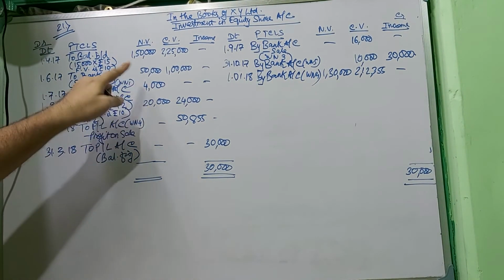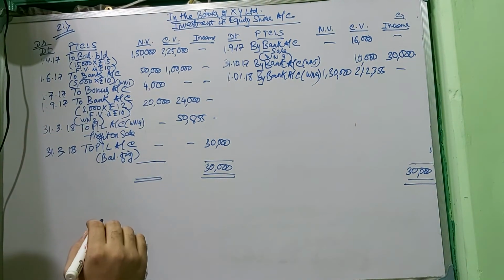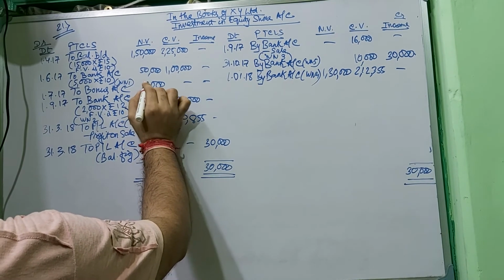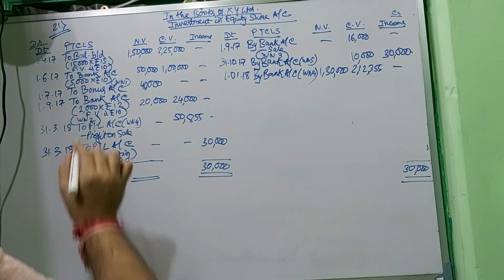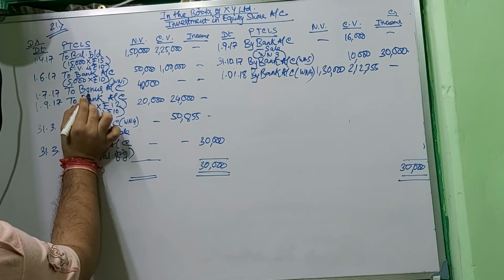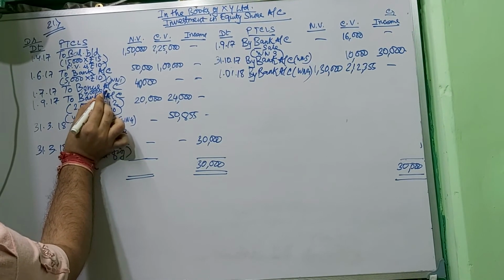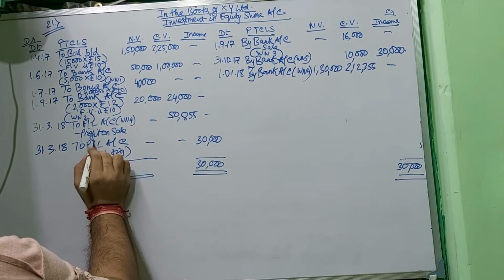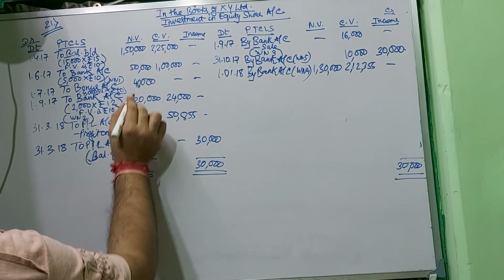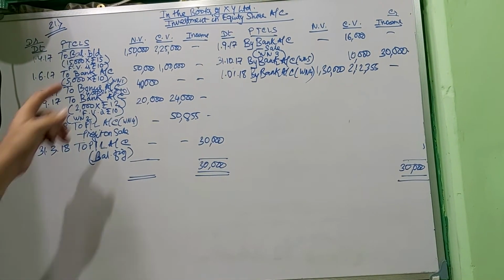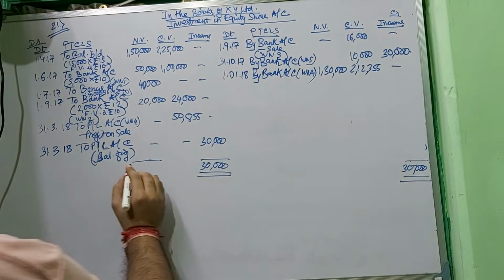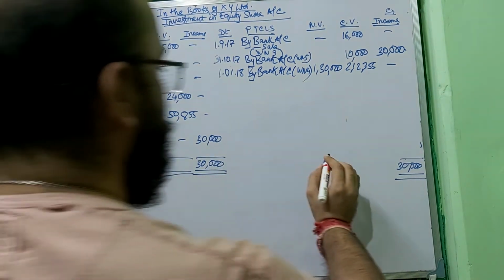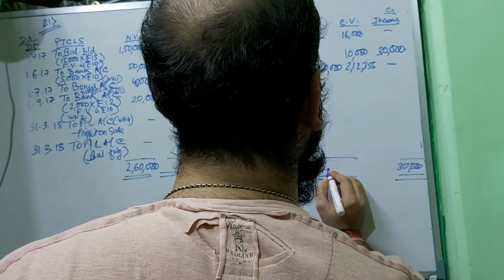Sorry, bonus shares is 4,000, so amount will be 40,000, right? So 4,000 shares into rupees 10 will be 40,000. 40,000 means 2 lakh 40, 2 lakh 60. It's 2 lakh 60.